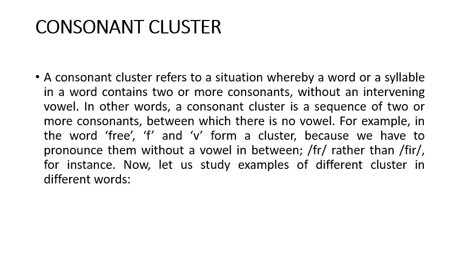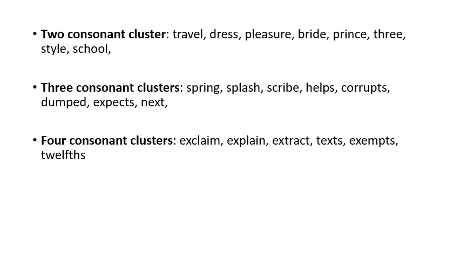In other words, a consonant cluster is a sequence of two consonants between which there is no vowel. For example, in the word free, the sounds form a cluster because we have two consonants without a vowel in between. Now let us study examples of different consonant clusters in a word.